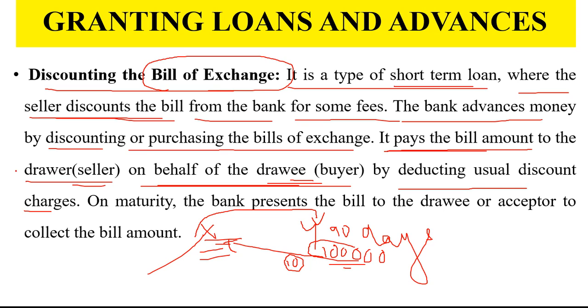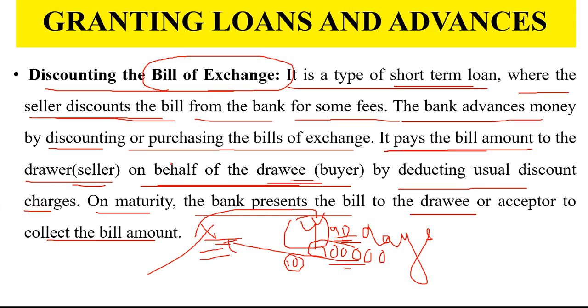So on maturity, that means after 90 days, the bank presents the bill to the drawee. Presenting the bill to the drawee means the bank will take money from Y after 90 days, to collect the bill amount. Clear? So this is discounting of bill of exchange.